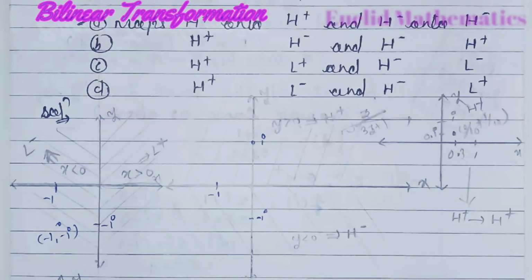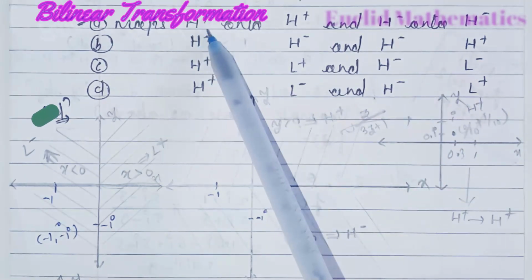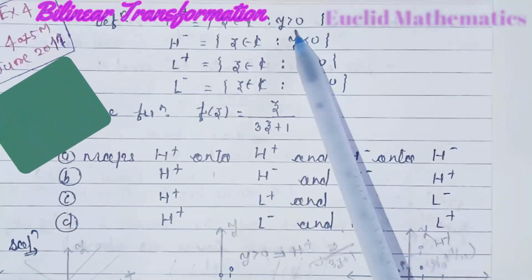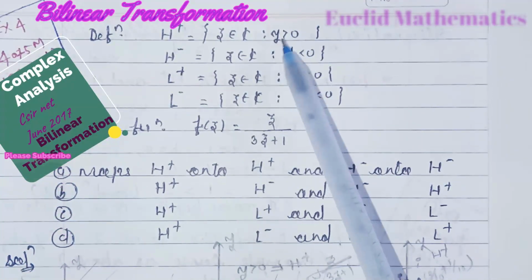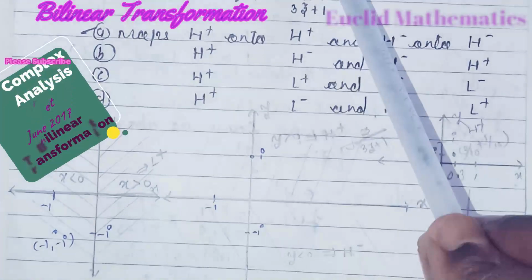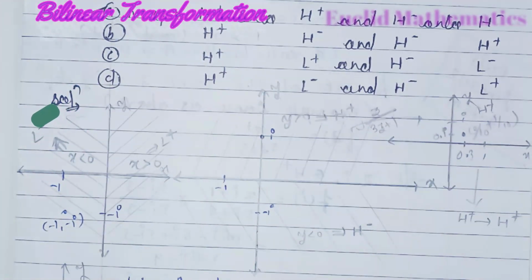In our options, we are given positive and negative half planes. Let's draw H plus. H plus means all y such that y is strictly greater than 0. Now represent y strictly greater than 0 in our xy plane. Then we can see y strictly bigger than 0 means we want the values where y is only positive.